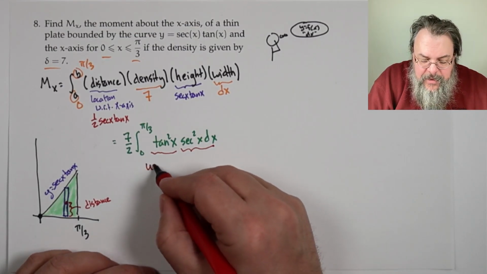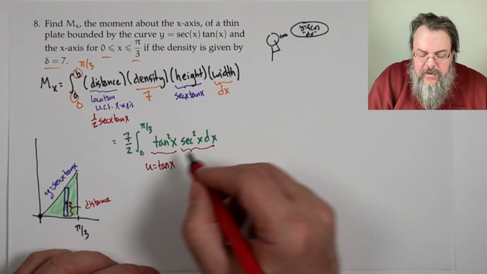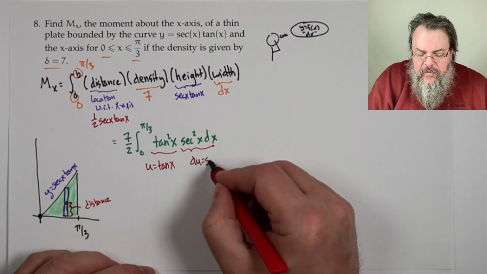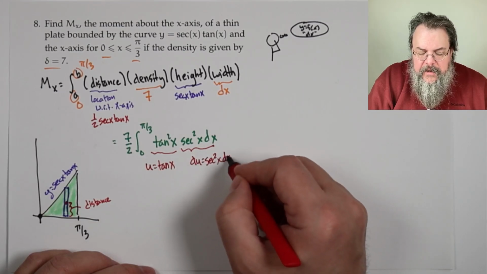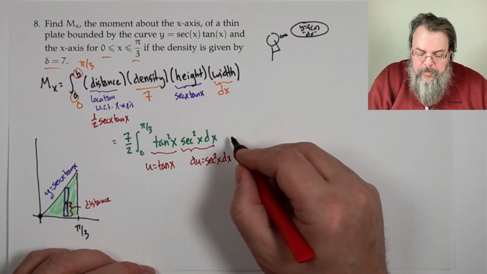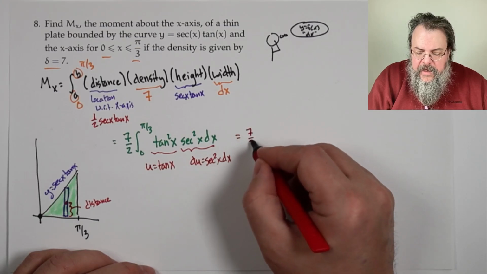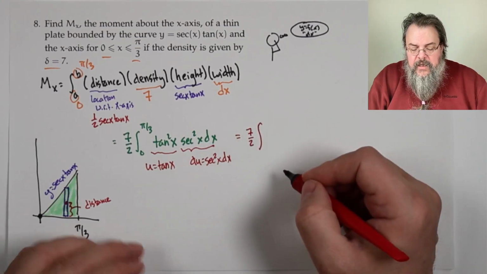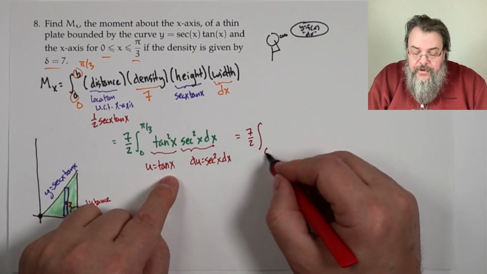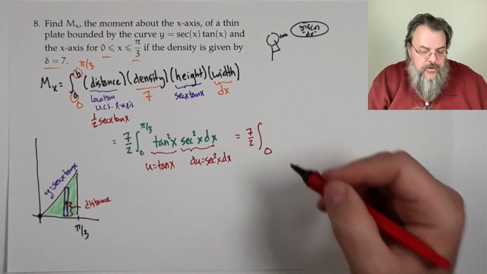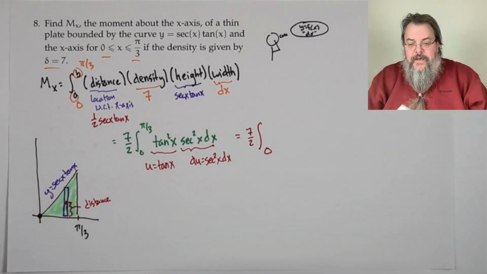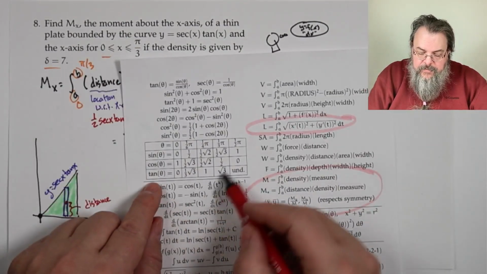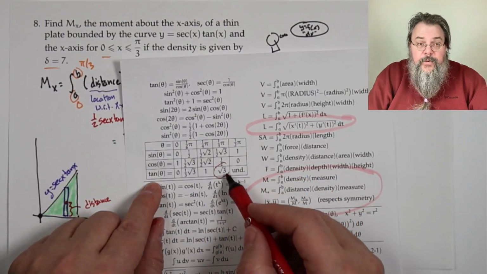So the substitution becomes u equals tangent x, du becomes secant squared x dx. And if we make our substitution, well, we still have the 7/2. We update everything. Tangent of 0 is 0. Tangent of pi over 3 is, if in doubt, we look it up, root 3.